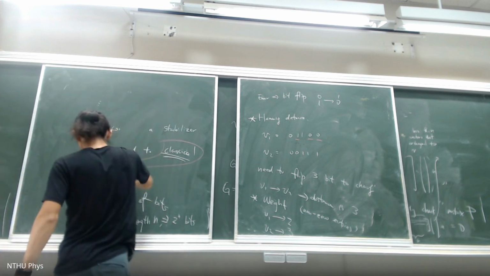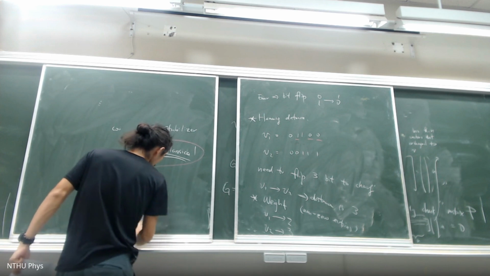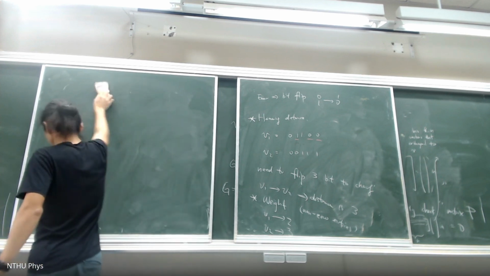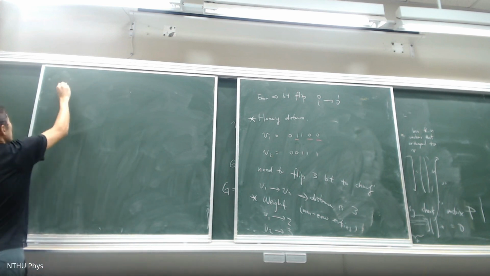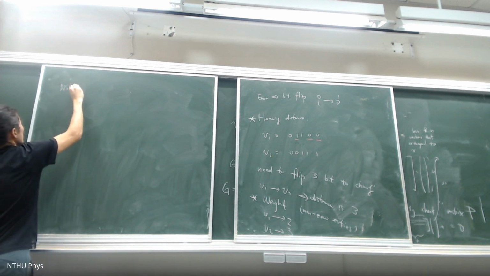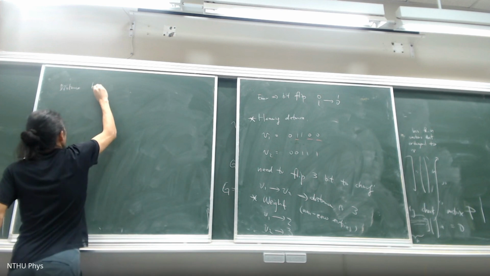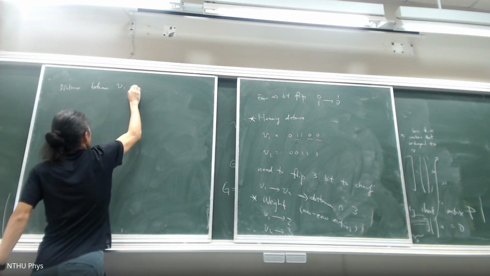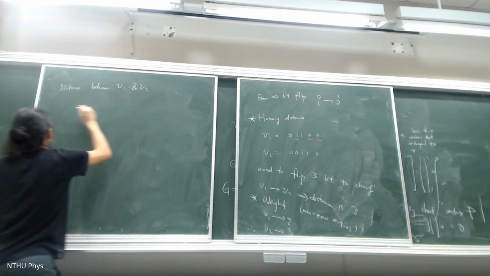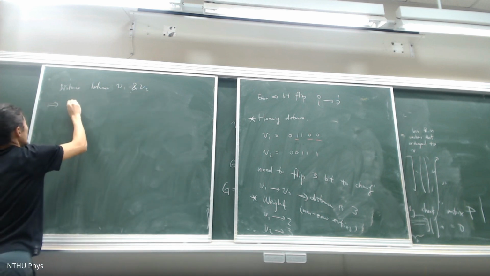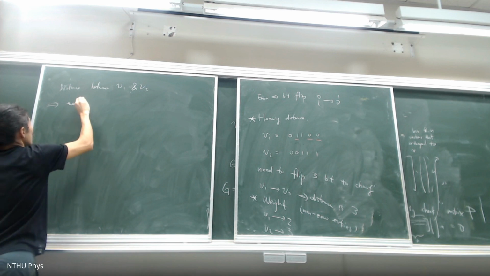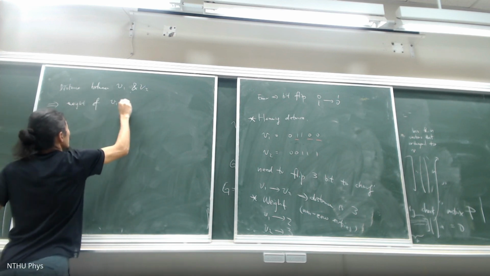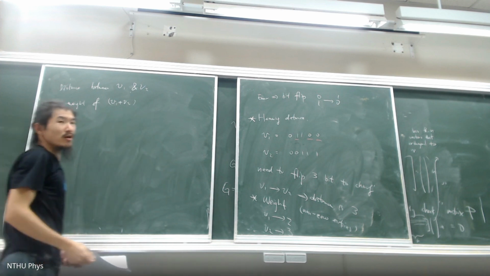There's some relation, because I want to compare the distance between V1 and V2. So the distance between V1 and V2 will be equivalent to the weight of V1 plus V2, because of this binary algebra.